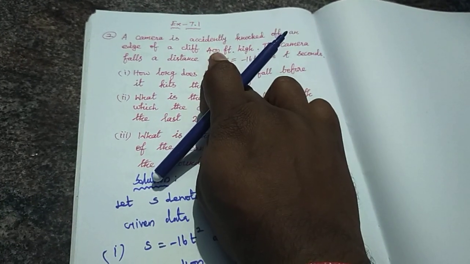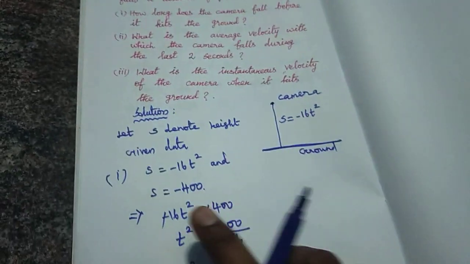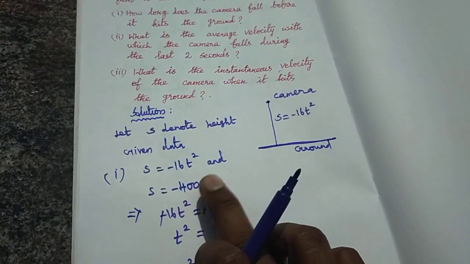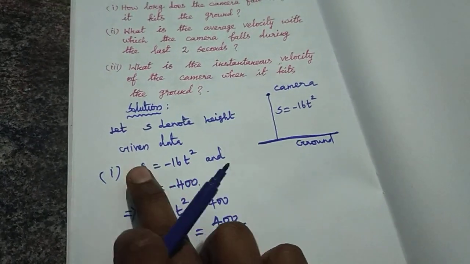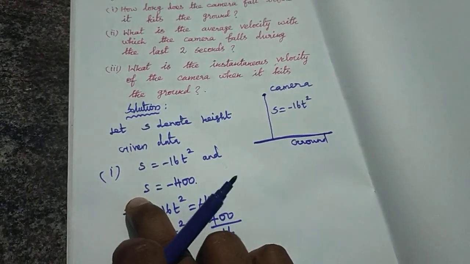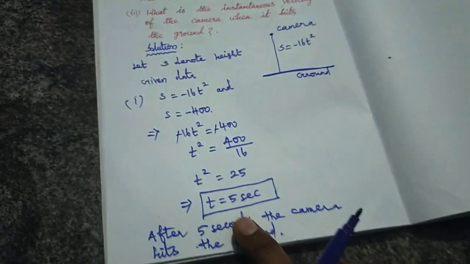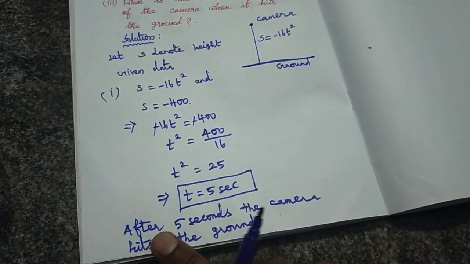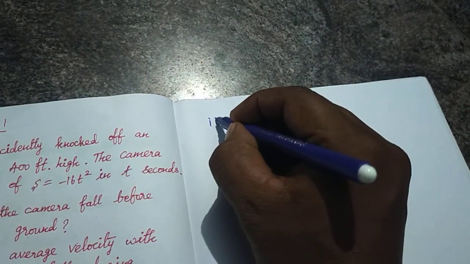But this 400 is represented as height, so we have to take it as -400. Compare these two. The LHS values are s, so we equate it to the RHS value and we get t. So after 5 seconds, the camera hits the ground. So the first one is complete.